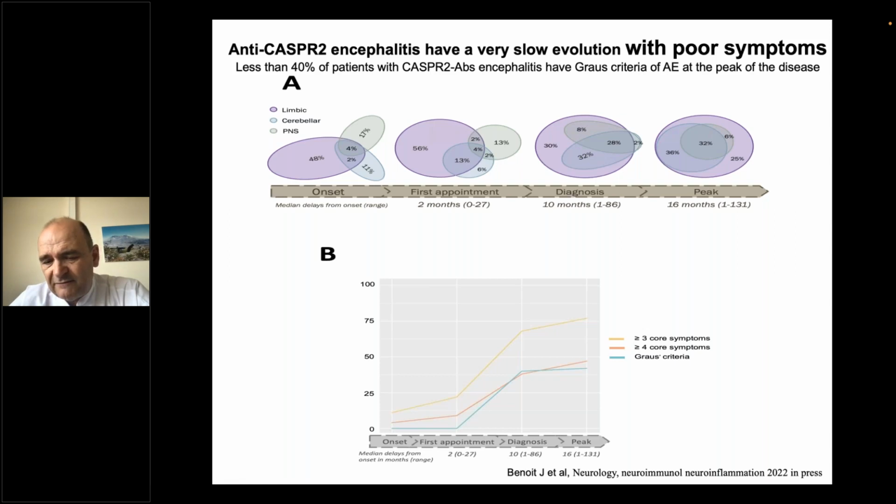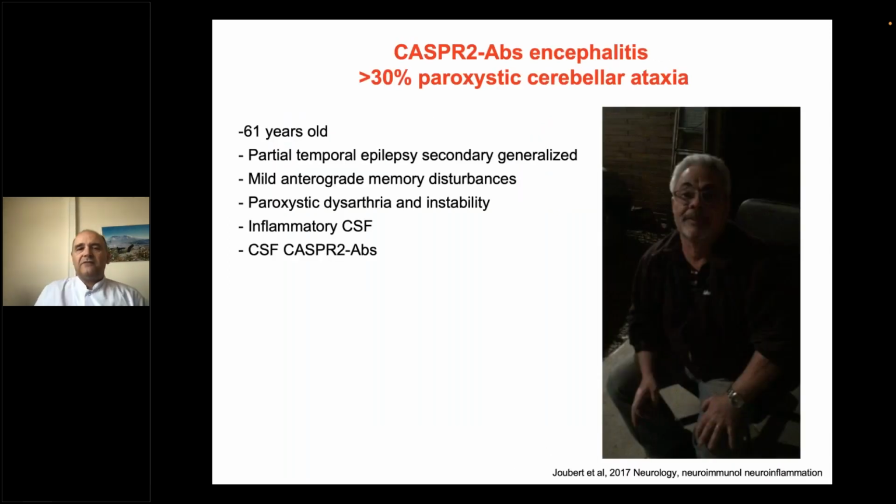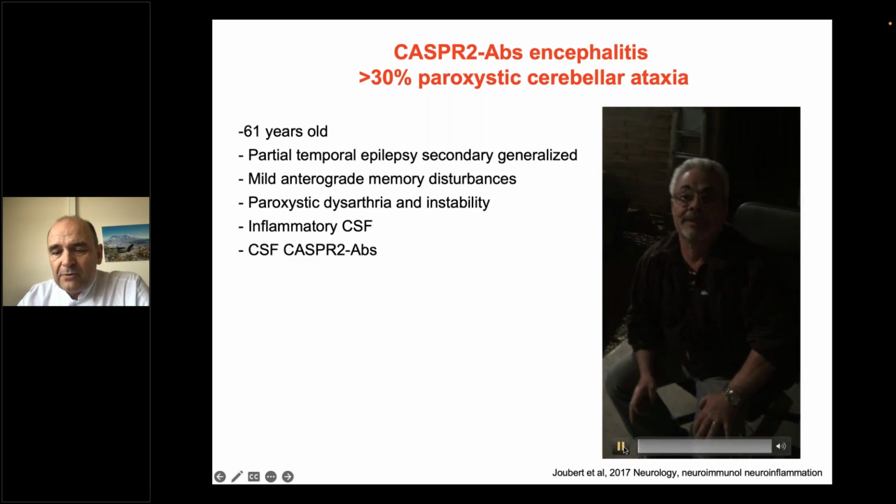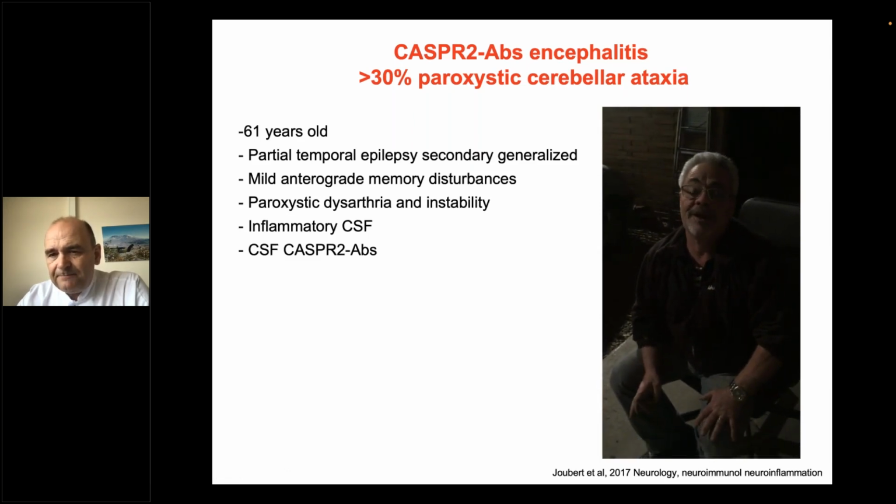So it's very difficult to diagnose anti-Caspr2 encephalitis, because the symptoms are very weak and very different from the acute symptoms observed in patients with NMDA receptor encephalitis. And sometimes you may observe paroxysmal ataxia.